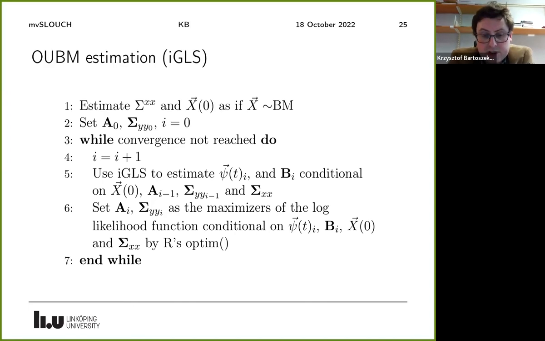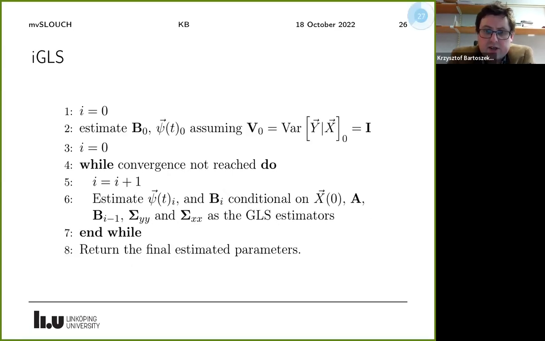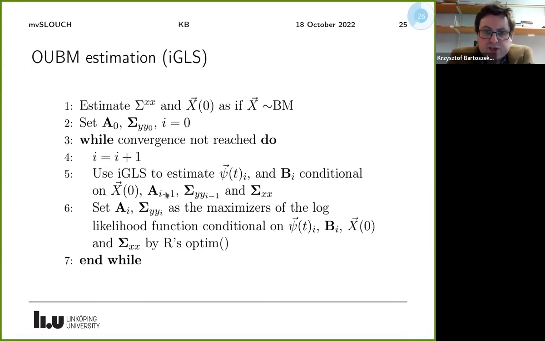That was done because in the previous, slower versions of MVV-Slouch, it was impossible to optimize all parameters of the drift matrix by numerical maximum likelihood. So we developed an iterated GLS. Basically, we condition on the drift and diffusion matrices, do a generalized least squares to get this B parameter, and then conditional on this B parameter, we optimize over A and over the drift and diffusion.